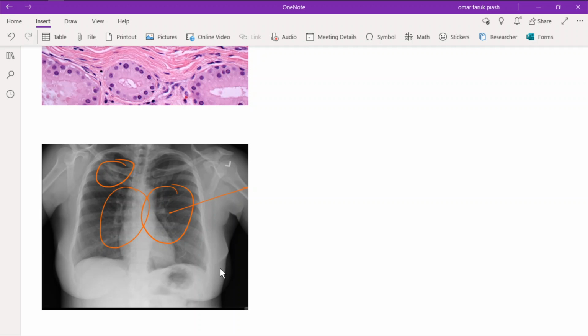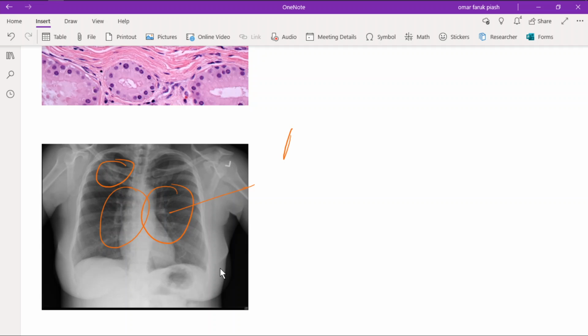You have to do a biopsy for confirmation, and you have to do a CT scan. This is the bronchoalveolar type of lung cancer, where you may see the hazy infiltrate that looks like pneumonia, but this is adenocarcinoma.